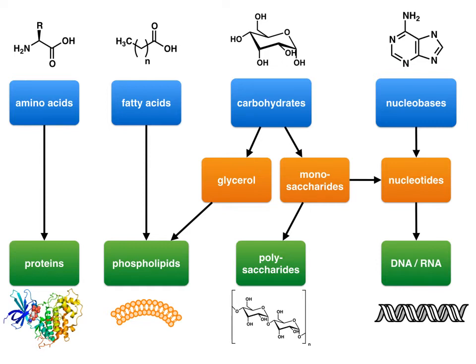And then the body can store it again, say as glycogen, as a polysaccharide, okay, for use as energy later on in case it needs it. Okay, so you always have glycogen stores in your body.